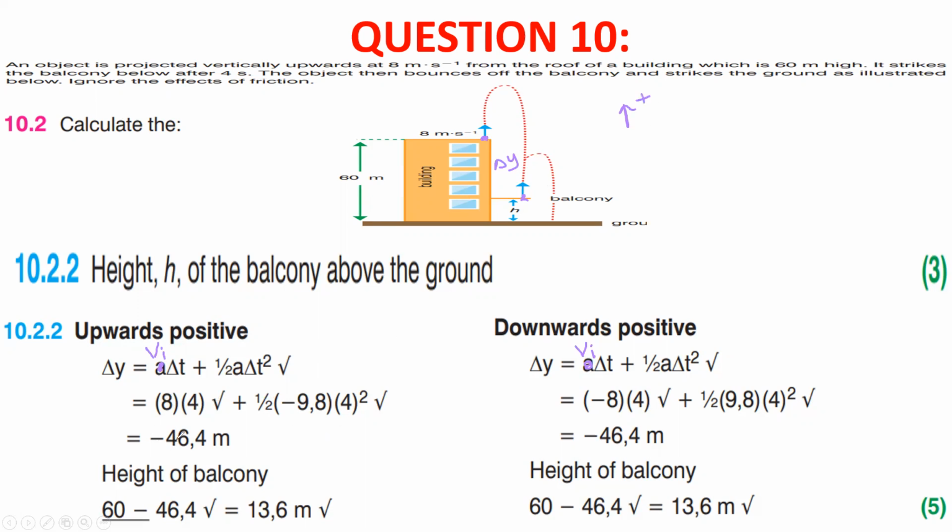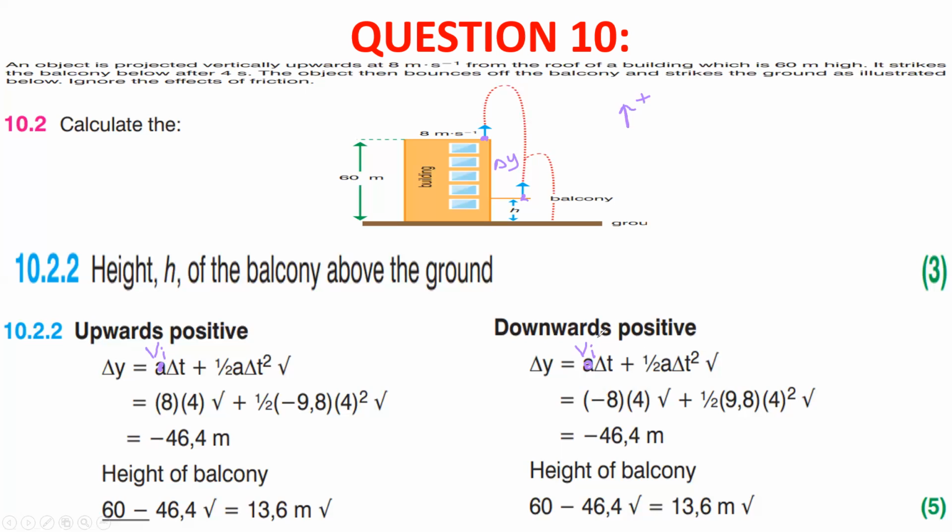So you are calculating negative 46.4, and 60 minus 46.4. Forget about this negative, it's just showing you direction, remember that? So 60 minus 46 and you are getting 13.6.